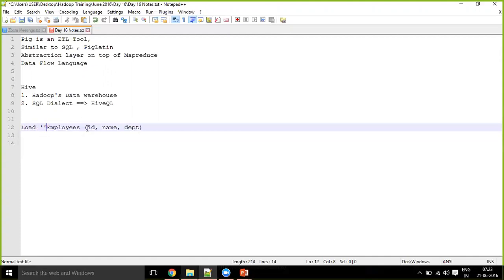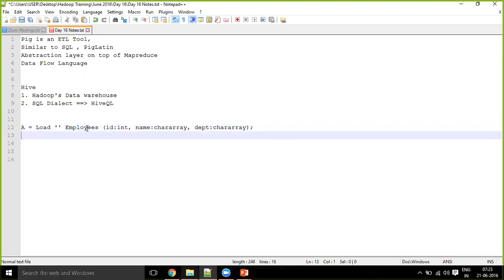So load this path into table in Pig. First I need to define this as int and this as char array, department again char array.